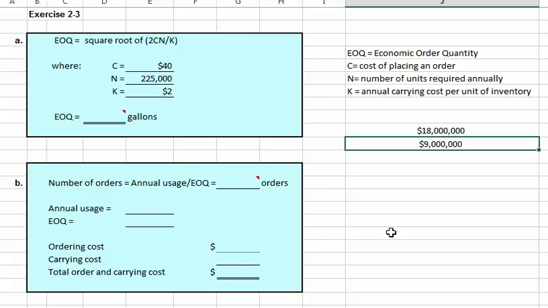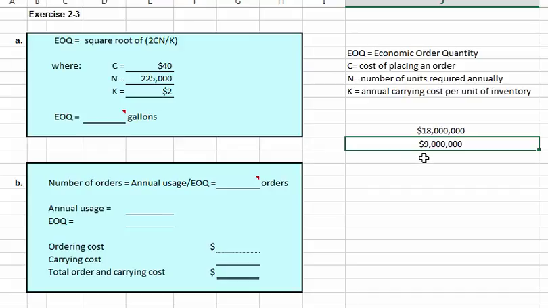Okay, so that's what we get when we divide out this part of the formula. 2 times the cost of placing an order times the number of units required annually divided by the annual carrying cost per unit of inventory. We get 9 million. Alright, our economic order quantity is going to be the square root of 9 million.